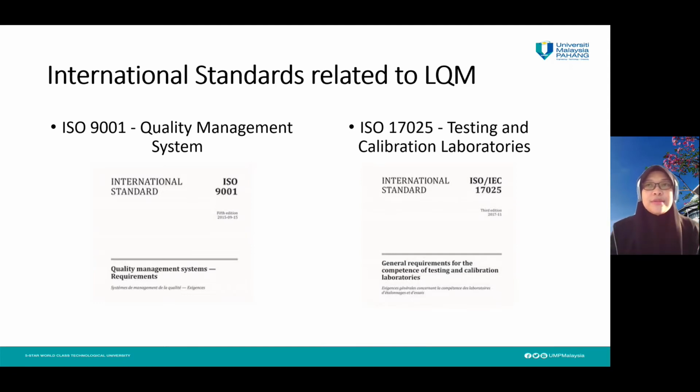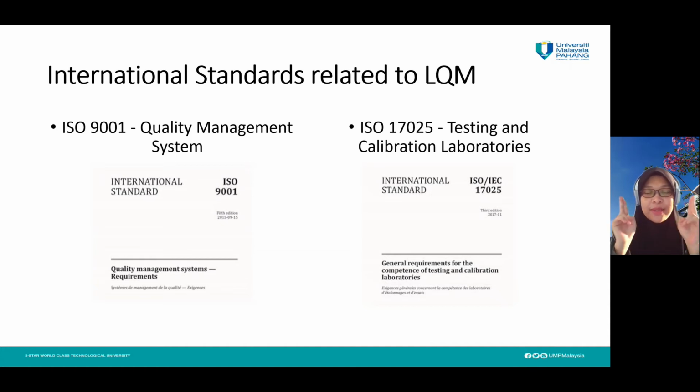Okay, those departments all of them can apply quality management system ISO 9001. Okay, this ISO 9001 can be used by all the departments, but ISO 17025 is specifically for testing and calibration lab only.